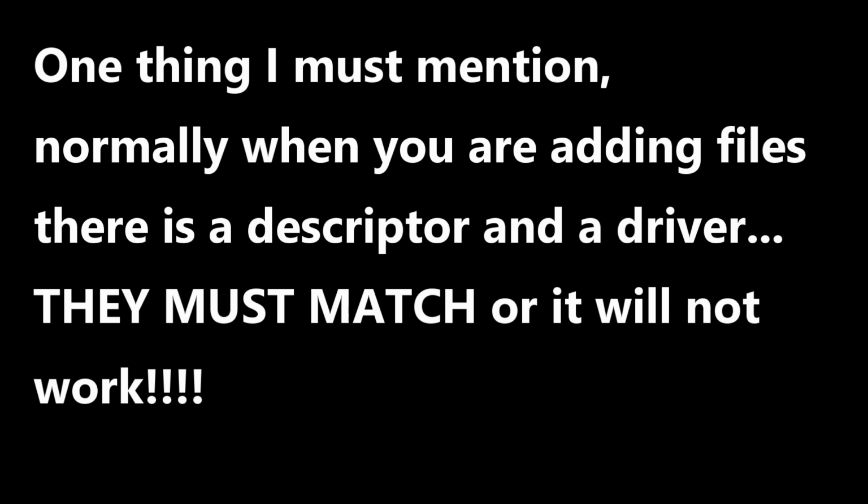One thing that I noticed I didn't mention in the video that has to be mentioned here is that normally when you are adding any files to the OS9 boot file, there are two files that must be added. One is a descriptor and one is a driver. If these two files do not match, then they will not work together.